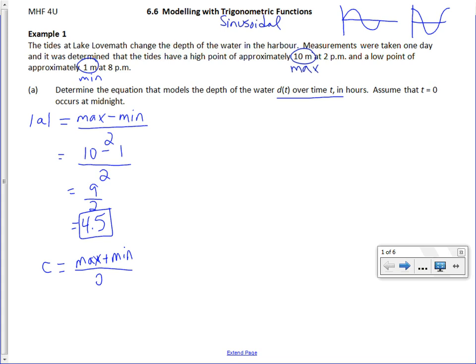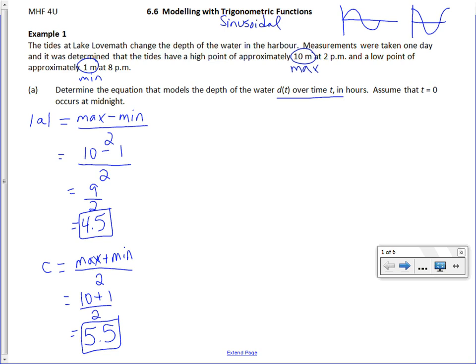So now it's 10 plus 1 over 2, which is 11 over 2, or 5.5. Okay. 50% done finding things. I usually give 4 marks to one of these. So even if you get the rest wrong, you're going to get 2 out of 4 because you found 2 of the key values. Let's go for 3 out of 4.